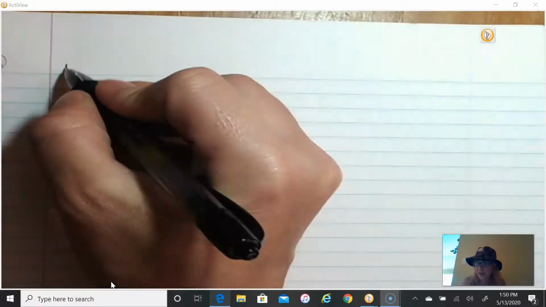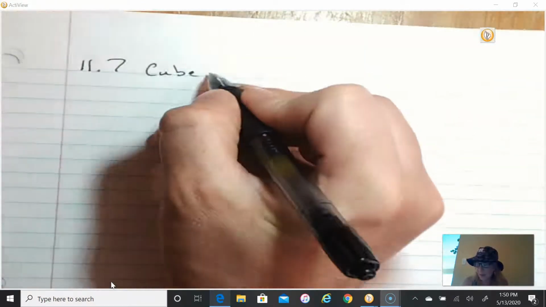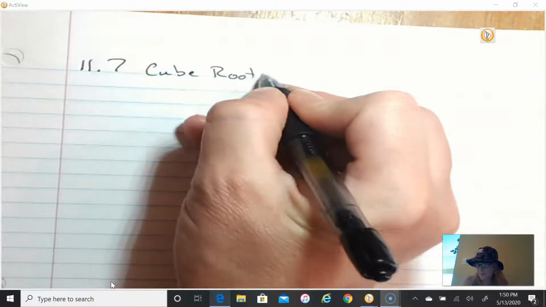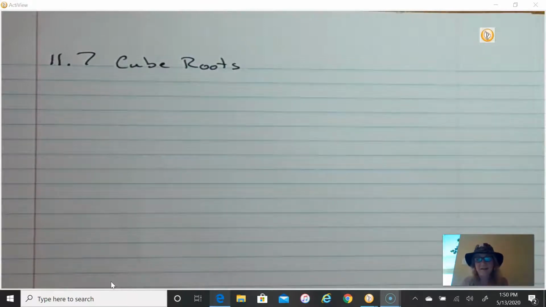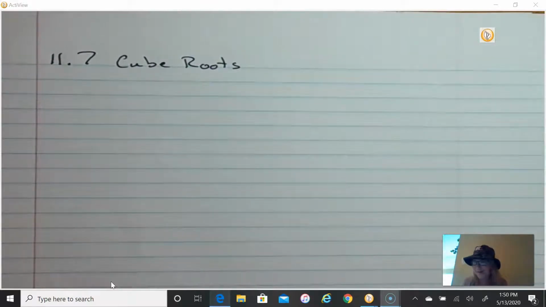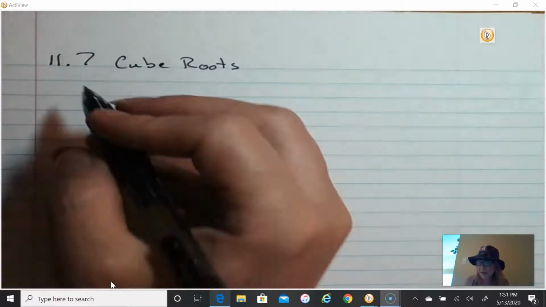So we're skipping over to 11.7, cube roots. Guys, you're going to be pleased to know this is exactly like yesterday's assignment. It's exactly the same thing. There's only one difference, okay?